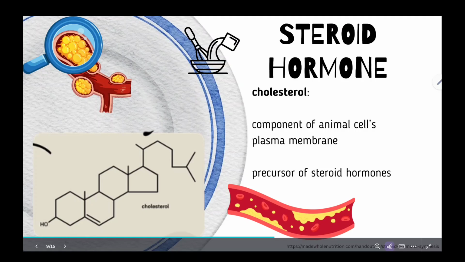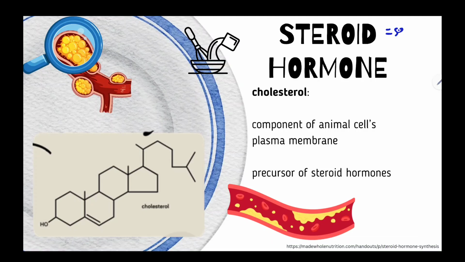Finally, steroid hormone. It is also known as sex hormone. Cholesterol is a component of animal cells' plasma membrane. We're going to learn about the plasma membrane later, but just know that it is a component of animal cells. And cholesterol is a precursor of steroid hormones. You might wonder, what is a precursor?